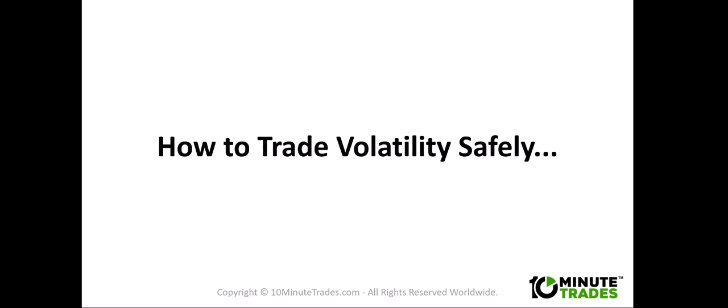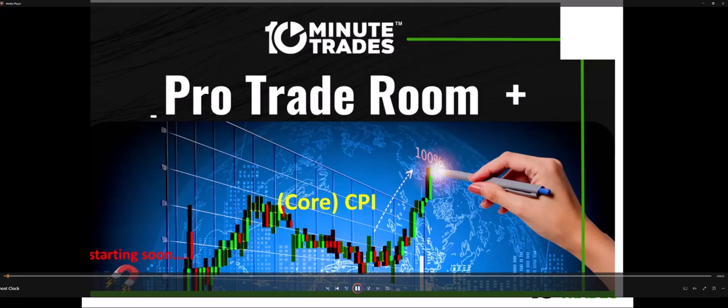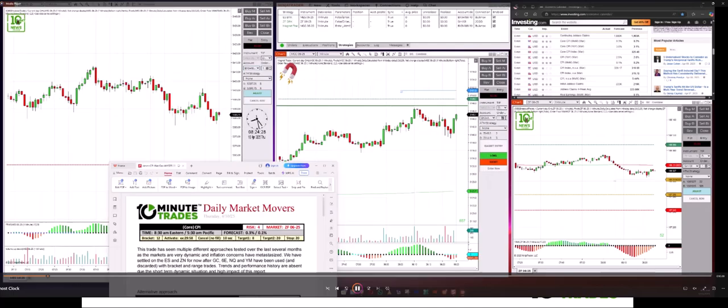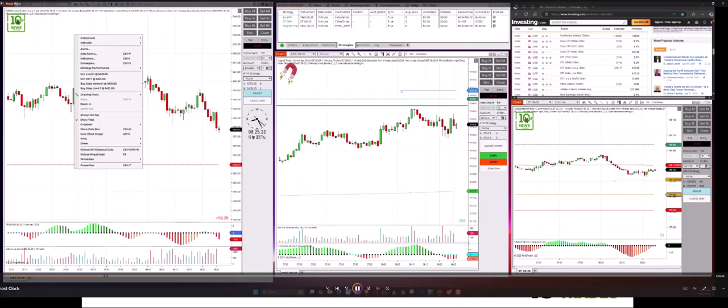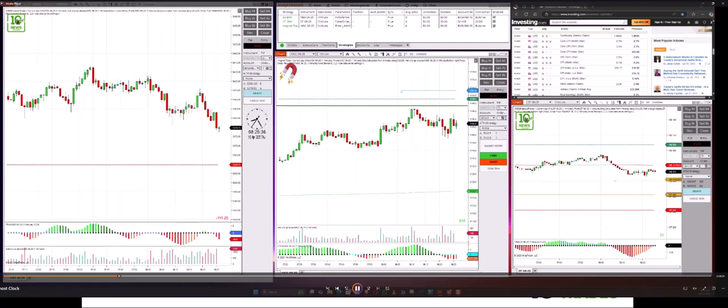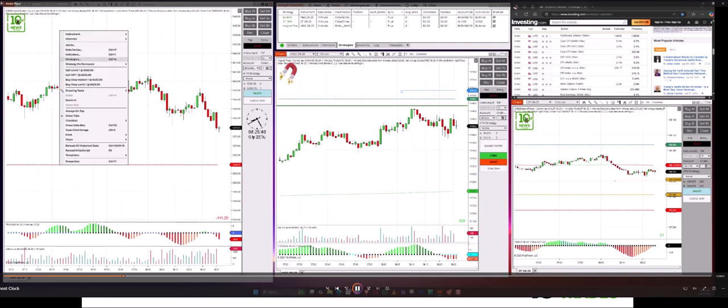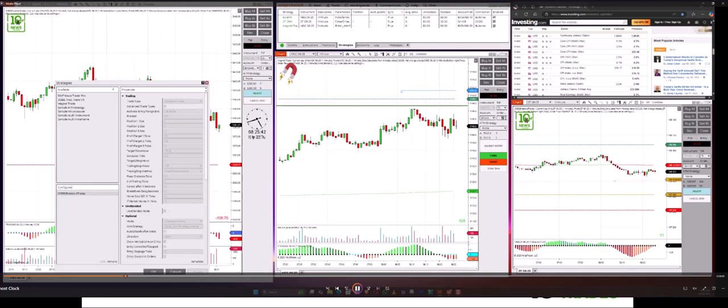This morning, we were looking at the CPI report, and we knew that this CPI report was going to be out of control volatility. And we noticed on the far right chart that bonds were possibly going to have a magnet setup. And in the middle chart also, we were looking at micro gold.